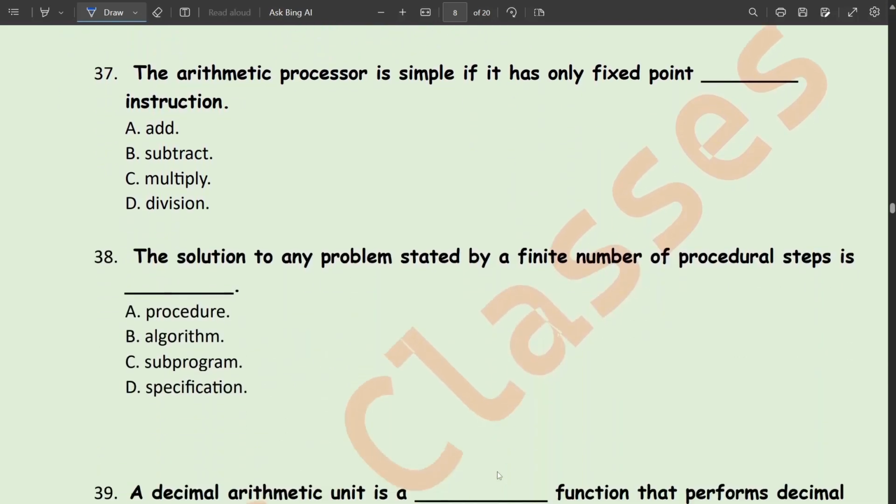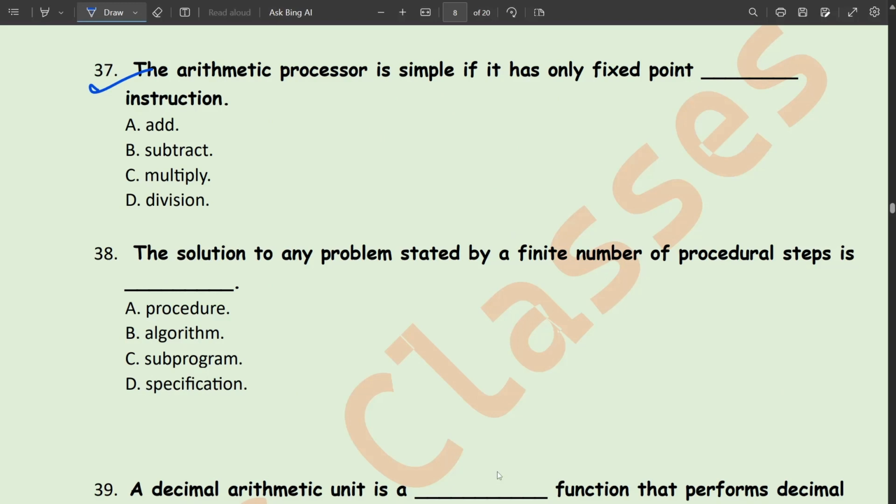Next, the arithmetic processor is simple if it has only fixed point instruction. The answer will be A, add. Fixed point add instruction.